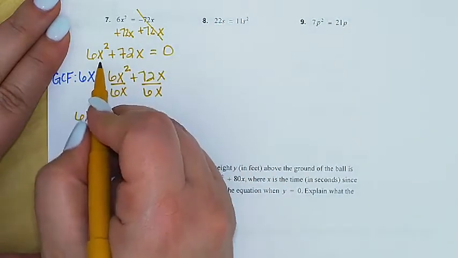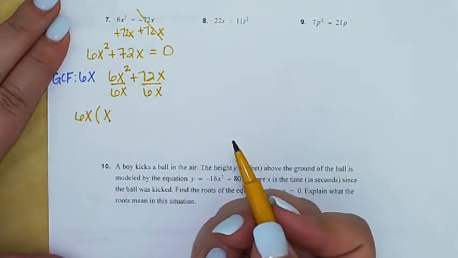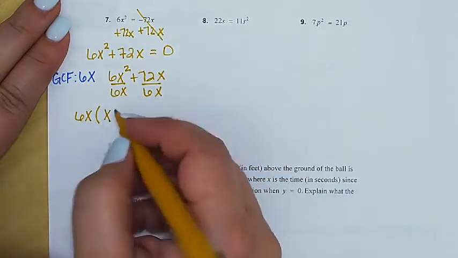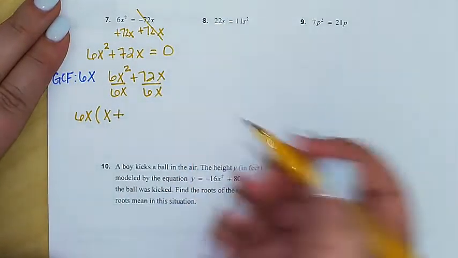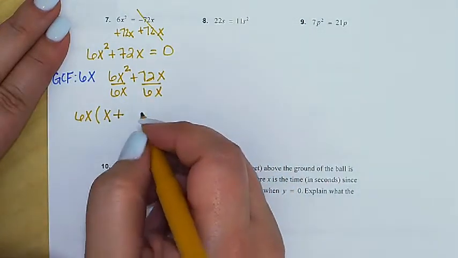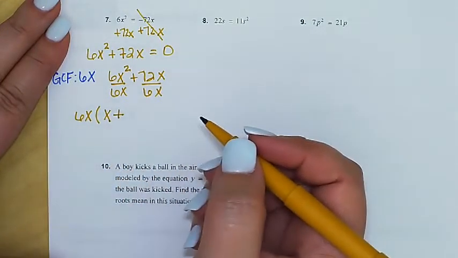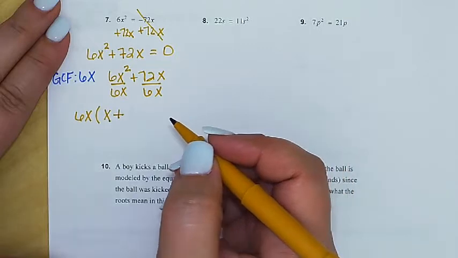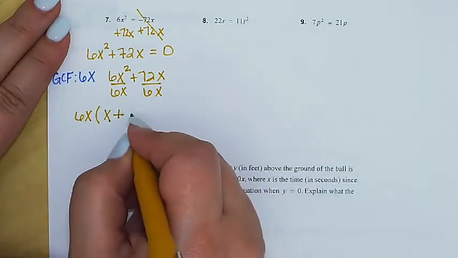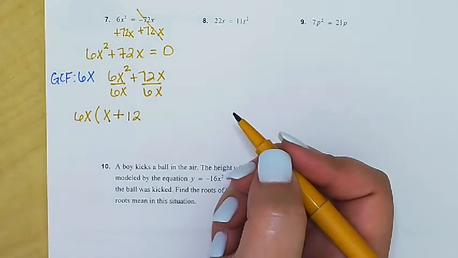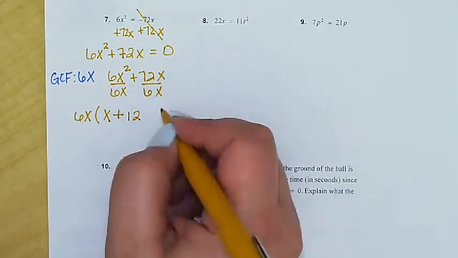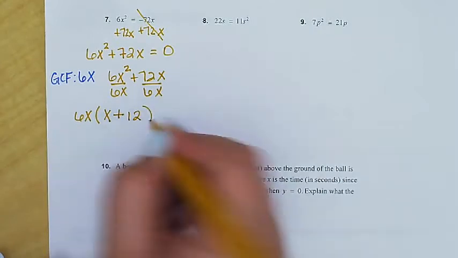In other words, I had 2 factors of x. If I pull 1, I still have 1 left. That makes sense, right? Put my little plus sign. 72 divided by 6. Okay, think about that. That goes in, I believe, 12 times. And then x over x, that's the one that cancels.